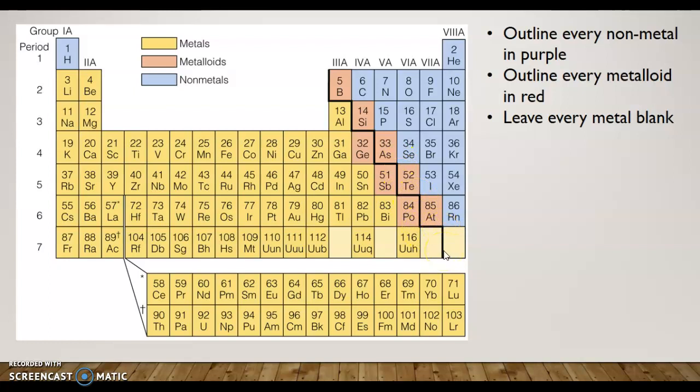You are going to outline all of the elements here for my nonmetals and my metalloids. So all of the nonmetals should be outlined in purple, not filled in, just outlined. And every metalloid should be outlined in red. Every metal is going to be left blank, so don't put an outline on it.